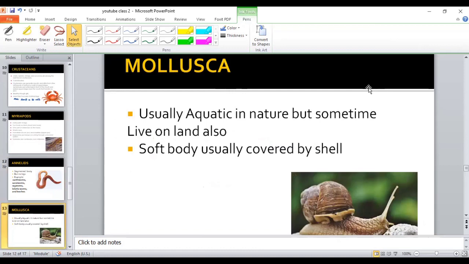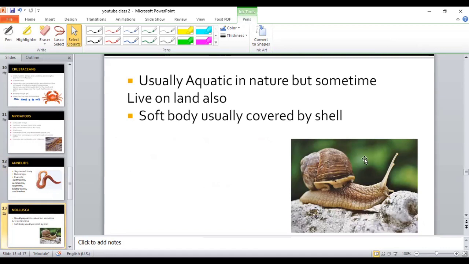Then comes mollusca. Mollusca are aquatic in nature, but sometimes live on land also, like snail. Usually the body is covered by a shell and a soft body is there. They don't have jointed legs. Okay. Keep it in your mind. But they have this muscular foot. This is called the muscular foot, and this muscular foot is the organ for movement, the organ for locomotion.